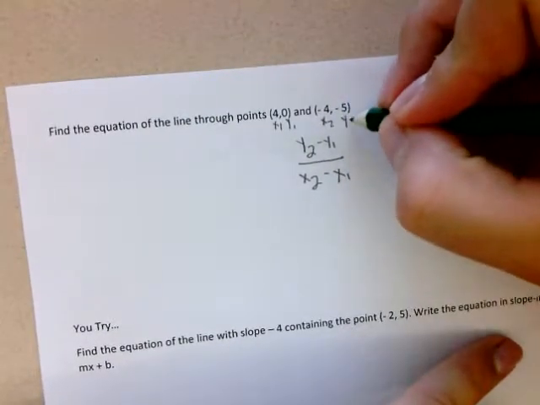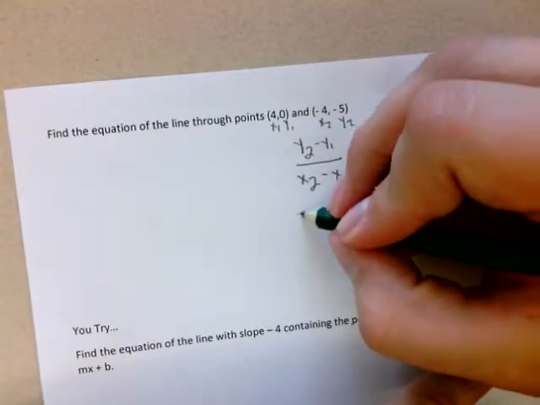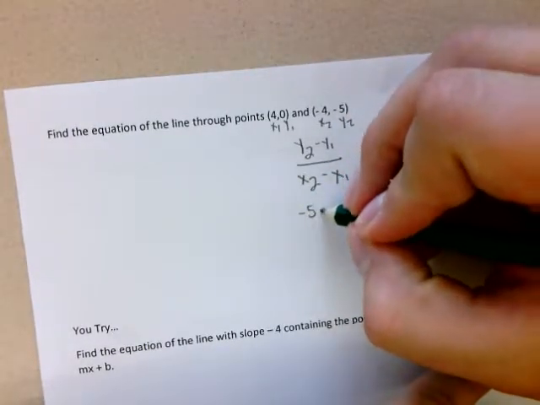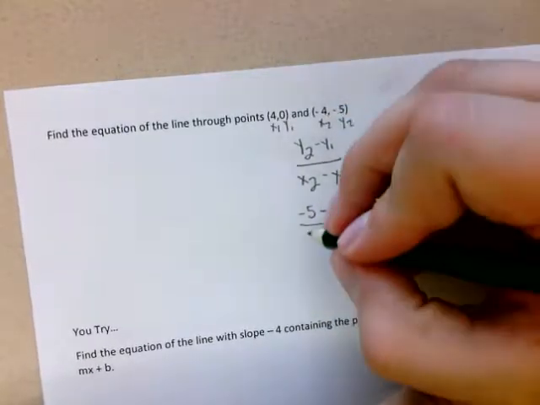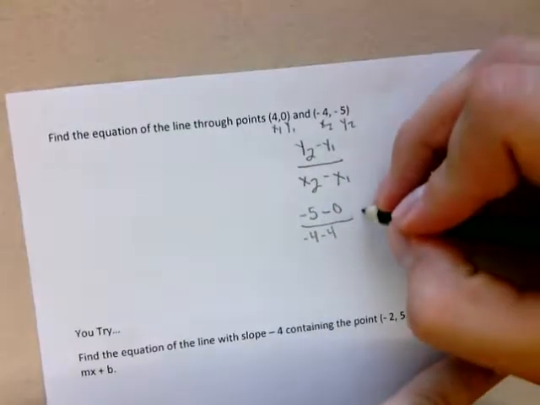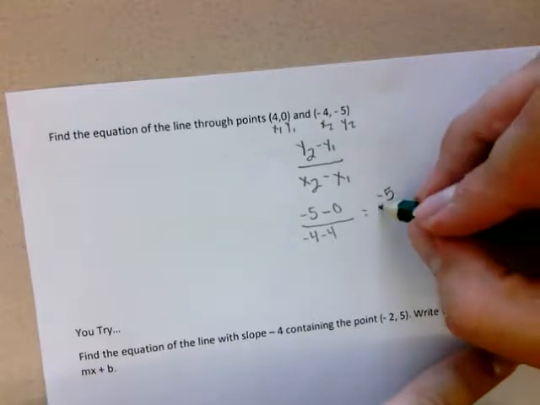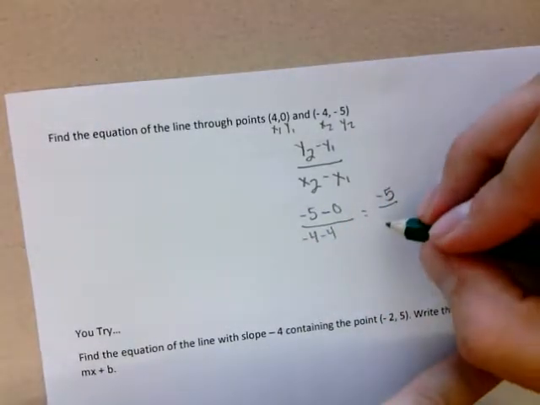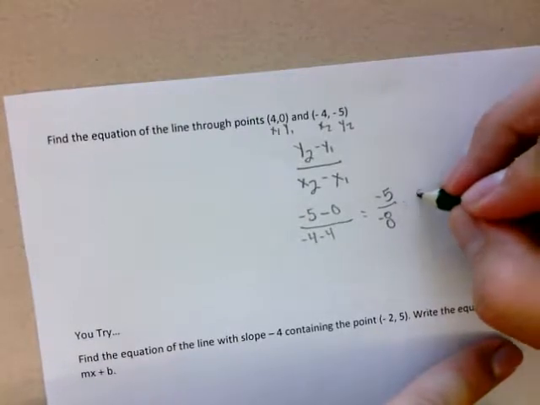This is our second y, so it's y2. So what we're going to do is we're going to have -5 replace y2 minus y1, which is 0, all over -4 minus 4. Because -5 minus 0 is -5. -4 minus 4 is -8. 2 negatives makes a positive.